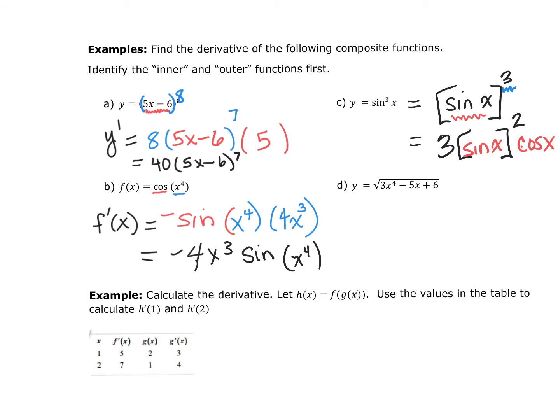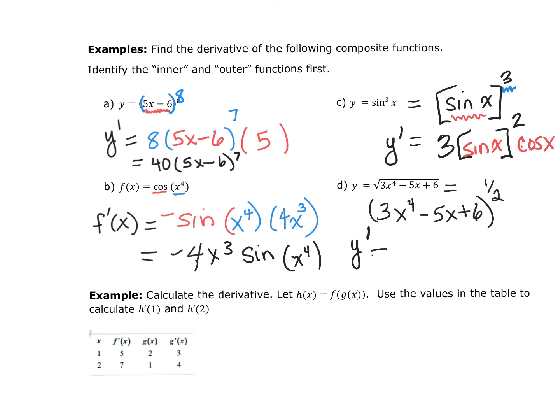So this one here, I'm going to rewrite first as 3x to the fourth minus 5x plus 6 raised to the 1/2 exponent. So when I take the derivative, making sure, I didn't do it up here. We've got to be really careful. This is y prime.